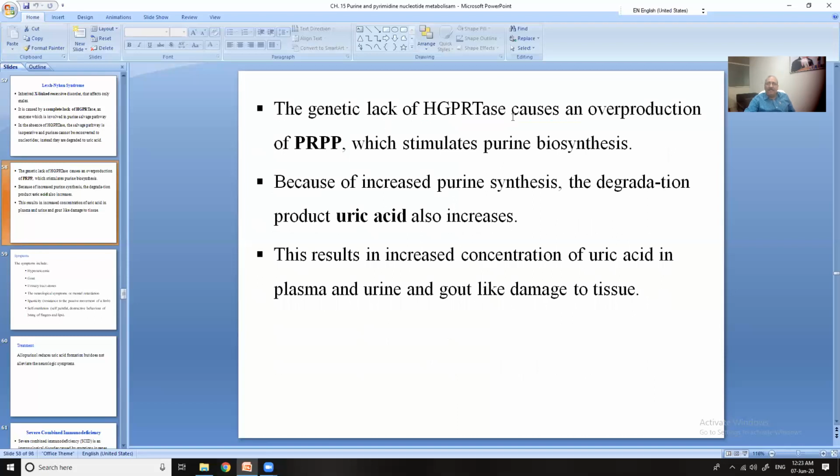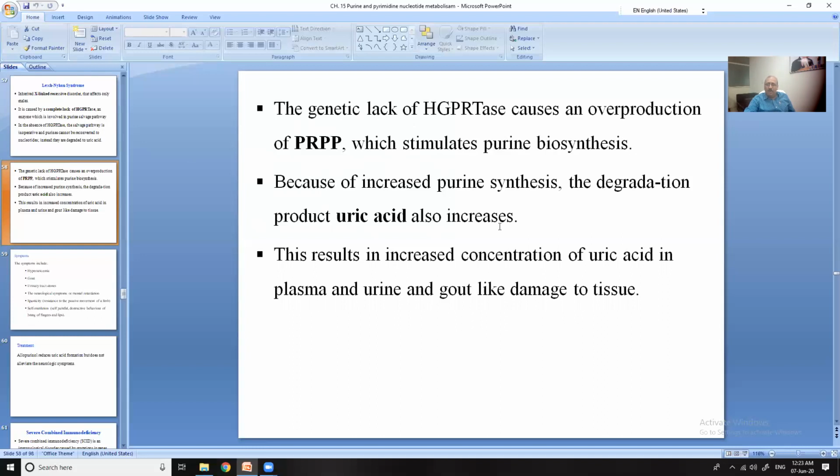The genetic lack of HGPRTase causes an overproduction of PRPP, which stimulates purine biosynthesis. If this enzyme is here, it will form the nucleotides. If it is not there, then this will form adenine and then xanthine, hypoxanthine and guanine.